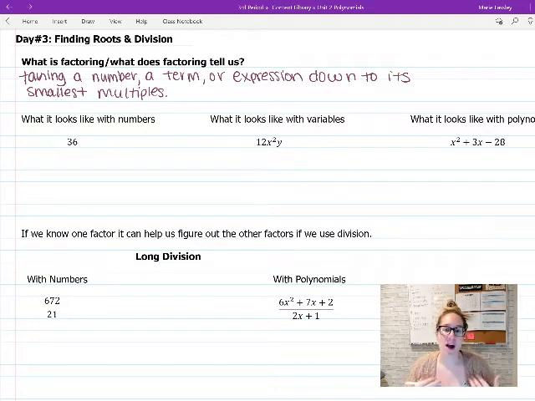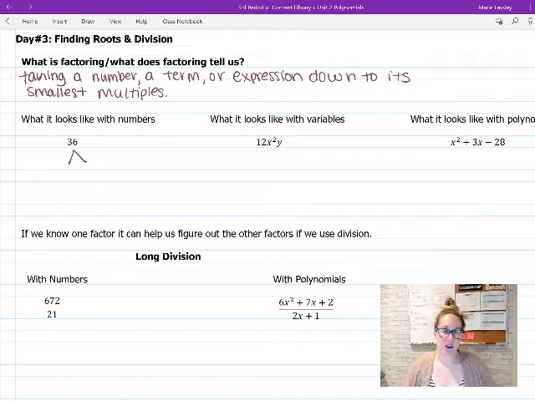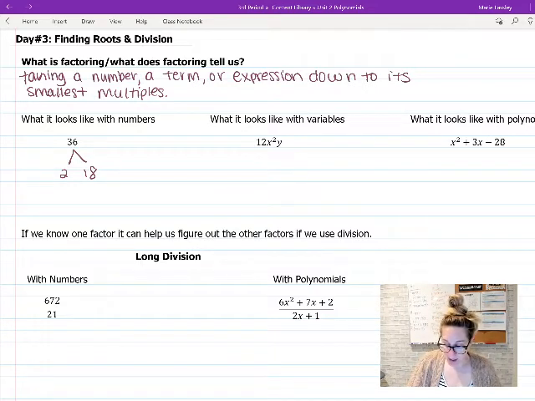So for instance, if you have the number 36, since you didn't have calculators, and 36 for a third grader is kind of a big number, maybe you were taught to break this down using a factor tree. So 36, well, that's 2 times 18. 18, that's 2 times 9. 9 can be broken down too.